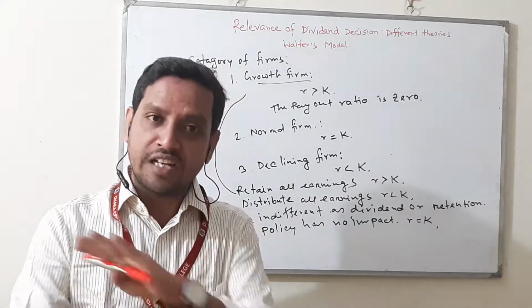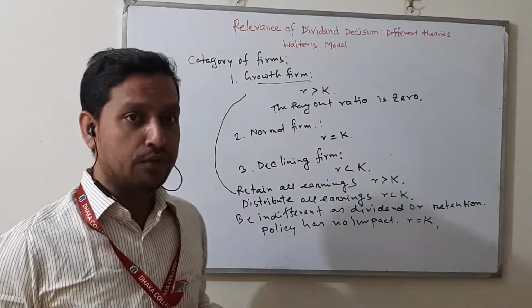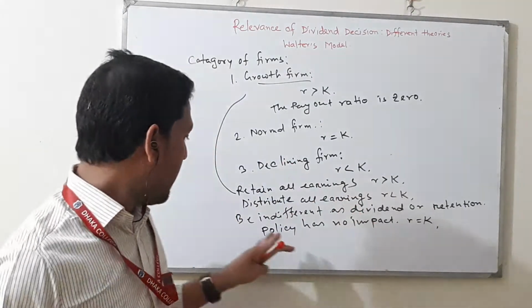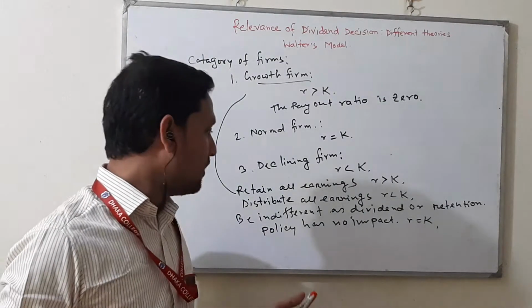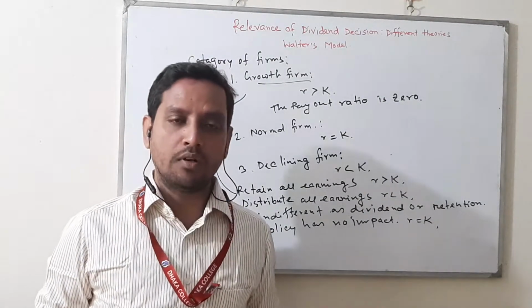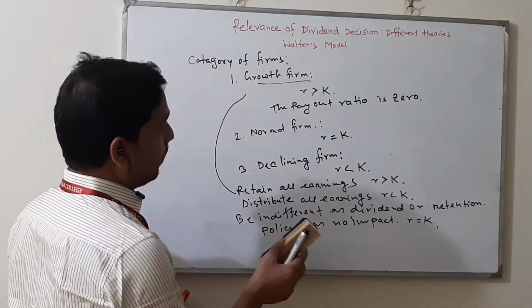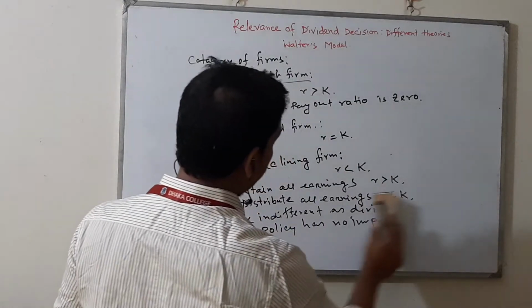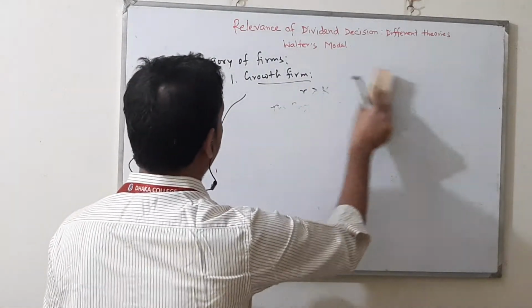Among the shareholders there is no retained earnings. In this case, which is called a declining firm, we are indifferent as dividend or retention policy has no impact. I mean R equals K.